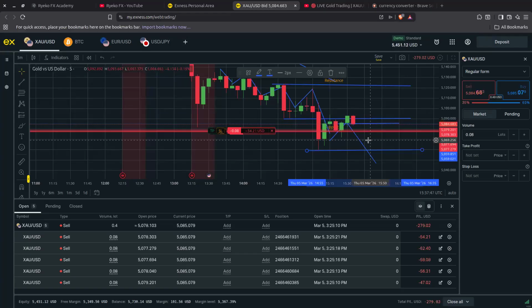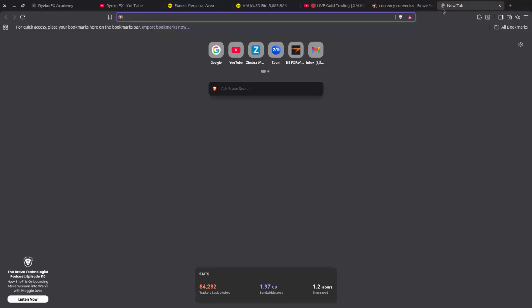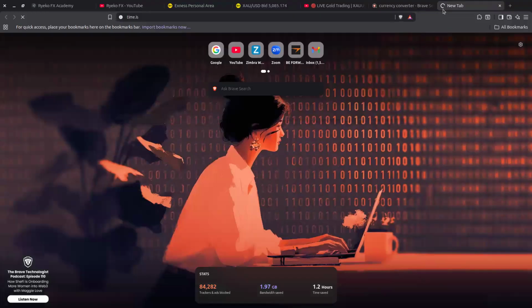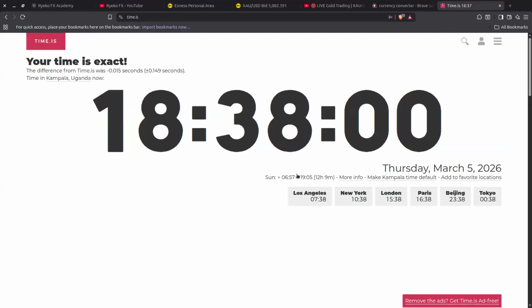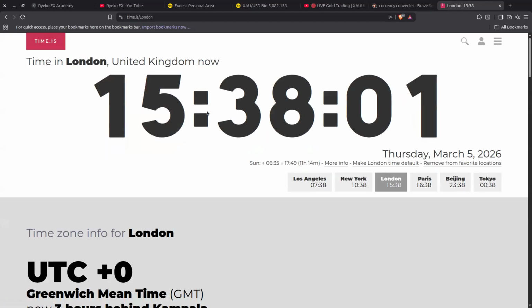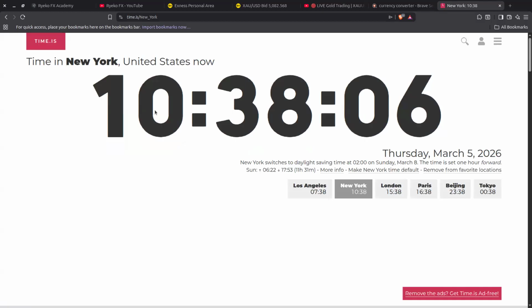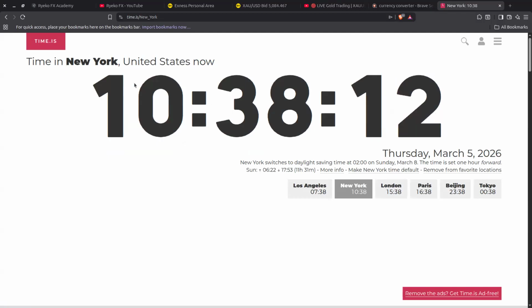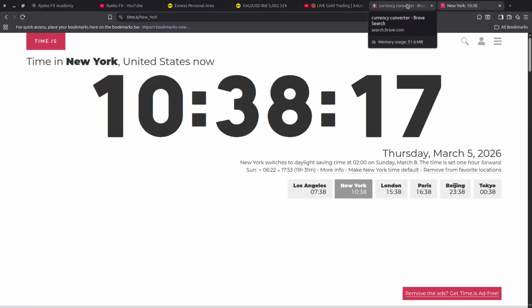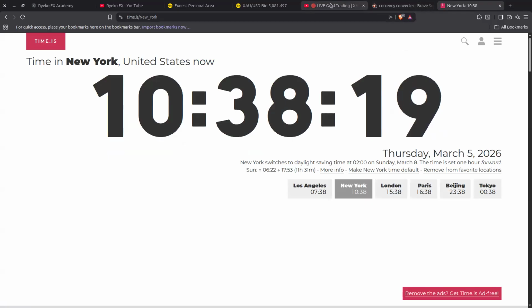One thing I have noticed is, let's check the time. We're using New York time. It's 10:38 a.m. Right now the dollar is getting a little bit stable, so it's going to meet a lot of resistance.